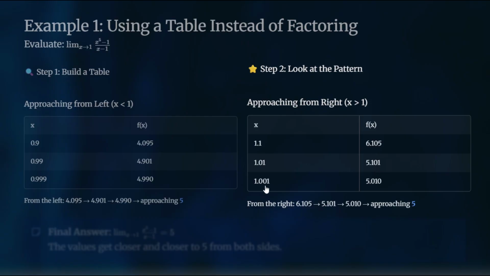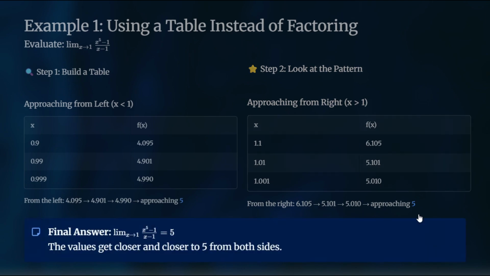And even closer to 1 at x equals 1.001, the function will be equal to 5.010. So from the right, we went from 6.105 to 5.101 to 5.010. So once again, these values are approaching 5. The values get closer and closer to 5 from both sides.